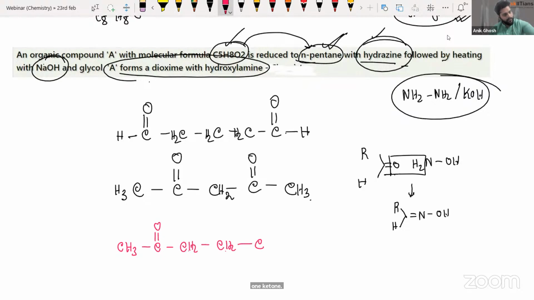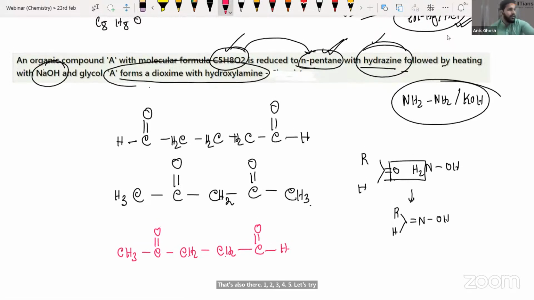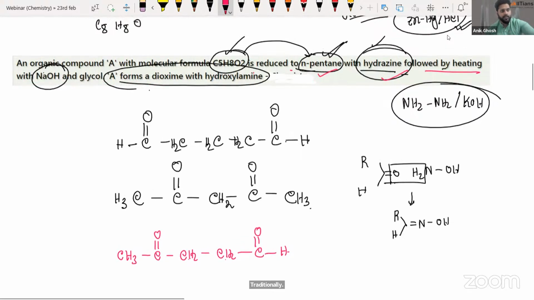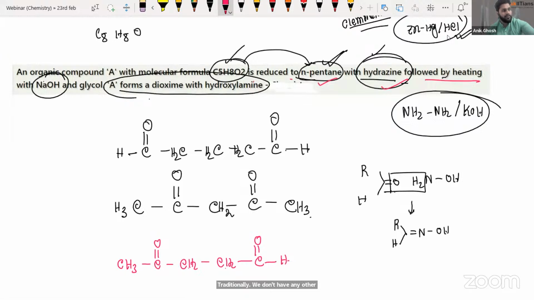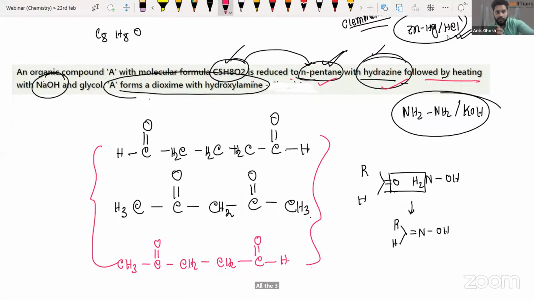Let's try to gather some more hints then. Molecular formula: this reduces to pentane with hydrazine followed by NaOH and glycol. So we don't have any other options, guys. All the three can be the answers to this question. I guess the question I took from the website was incomplete.